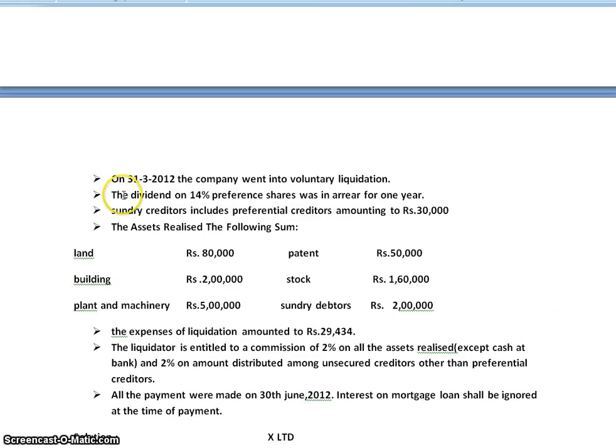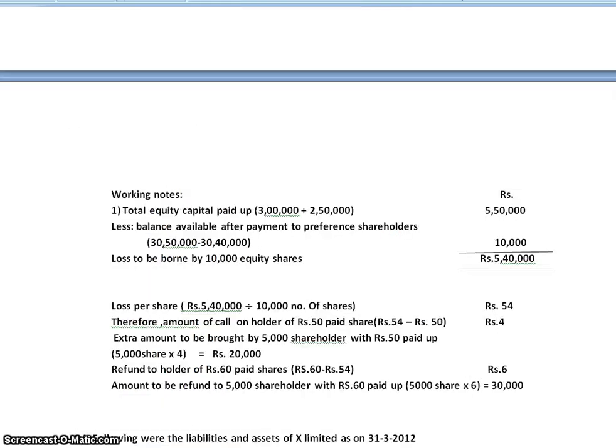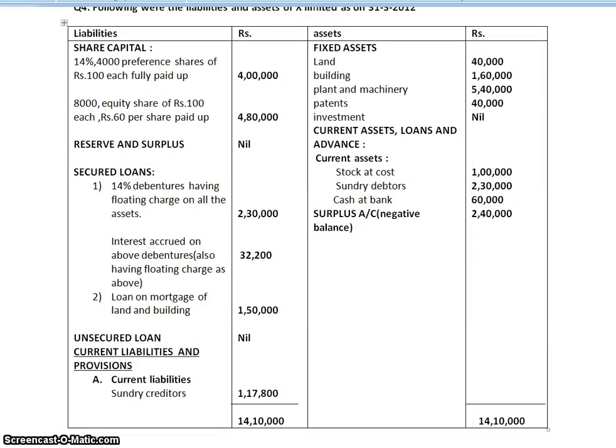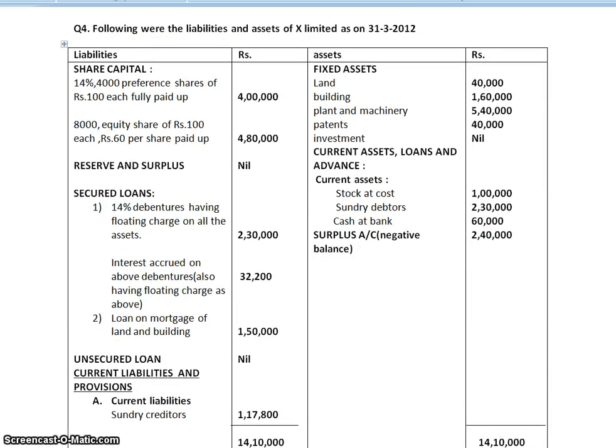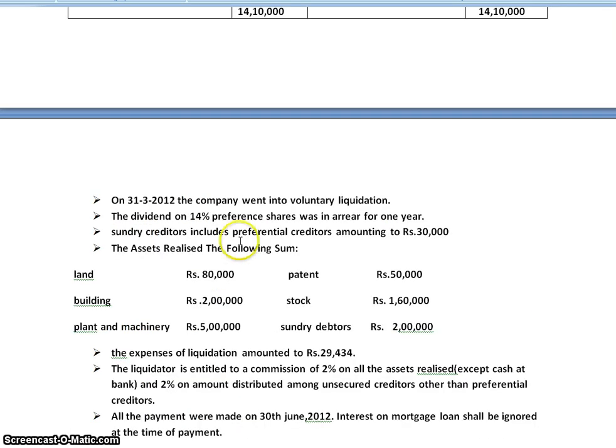Now here it is said that on 31st March 2012, the company went into voluntary liquidation. On the date of the balance sheet, the balance sheet is prepared on 31st March 2012. Please keep this date in mind. On this date the company went into voluntary liquidation.